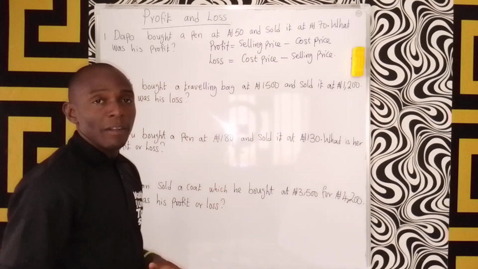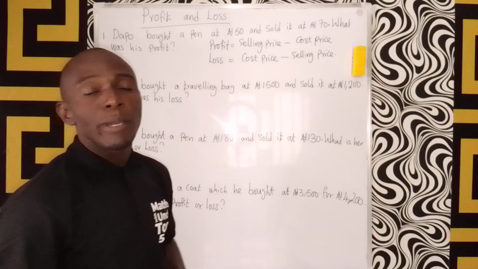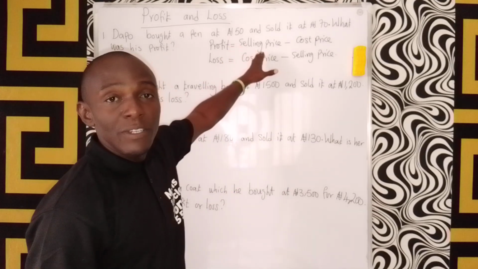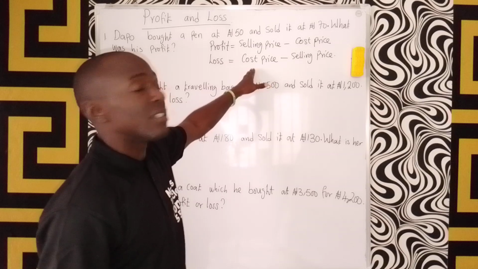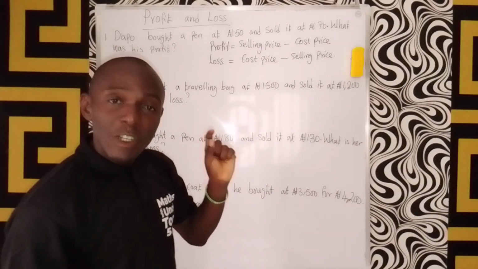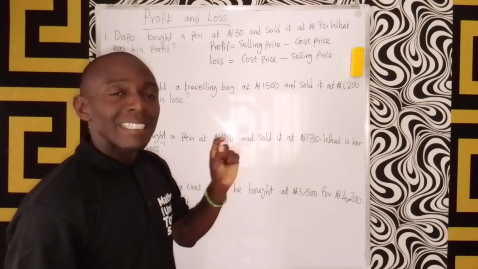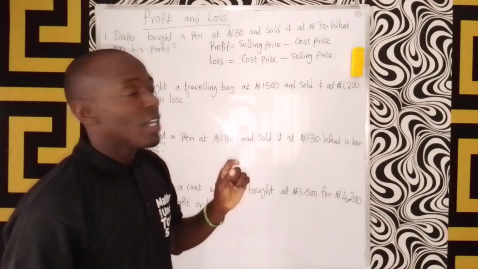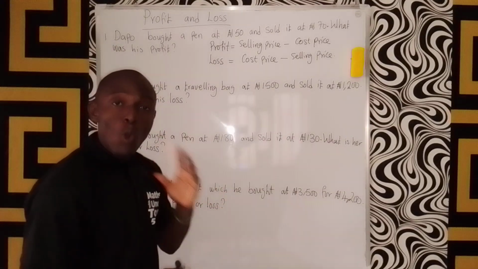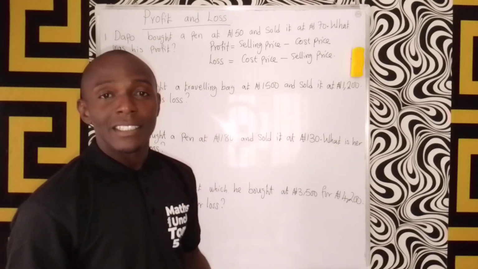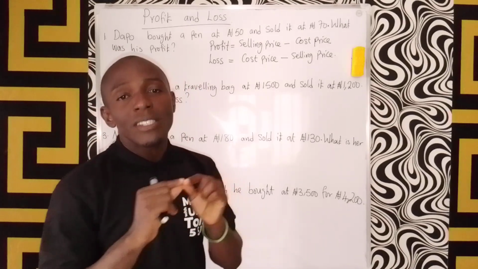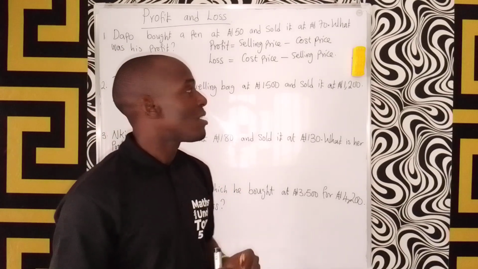But before I go further, how will a child know when selling price is given or when cost price is given? To know that, read the question carefully and identify the words used. When you hear sold or sell, that is talking about selling price.